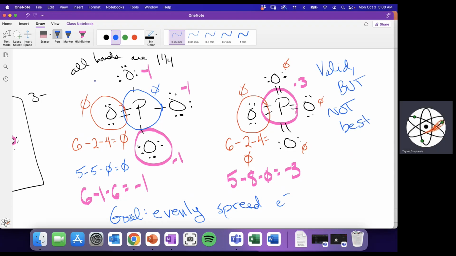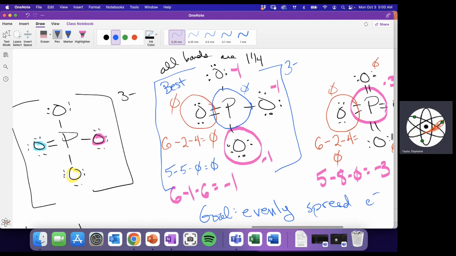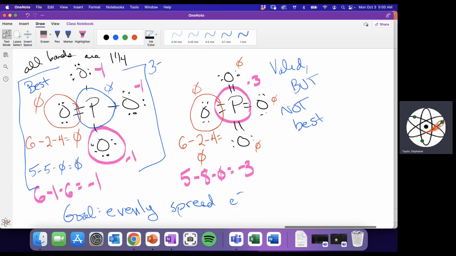This one over here on the left is what we would refer to as the best Lewis structure. It should look like this one over here without all the scribbles around it. Okay. So excellent question. It's always worth checking out: is there a better one? But evenly distributed, if I can, and more electronegative atoms carrying the negative charge.